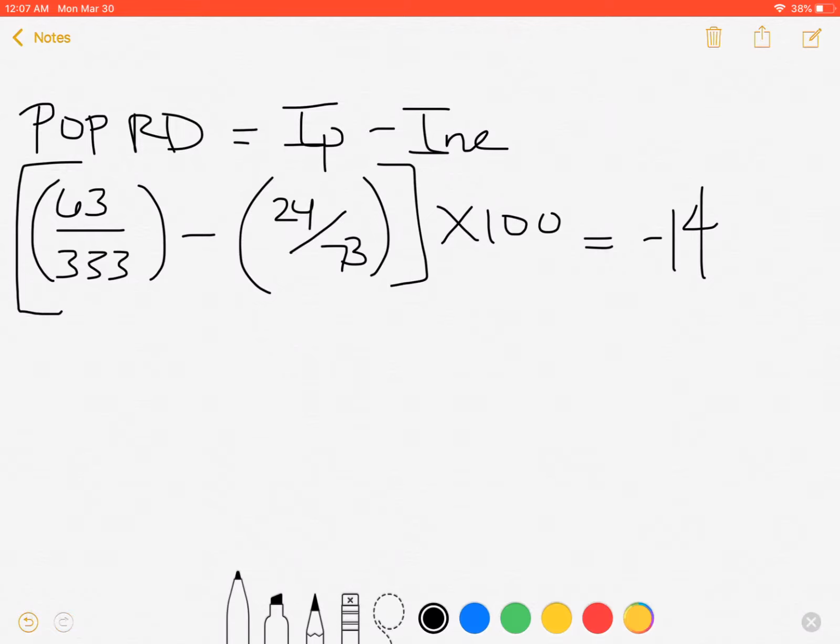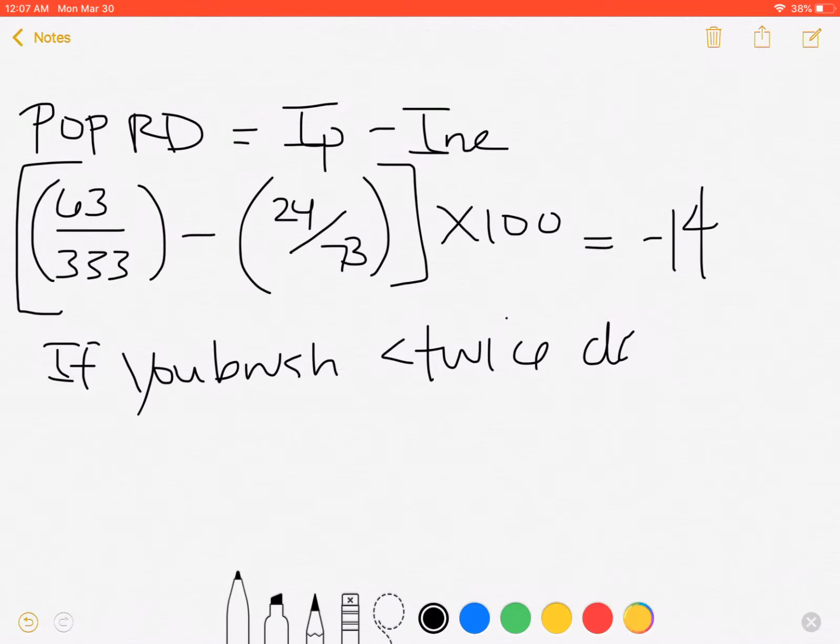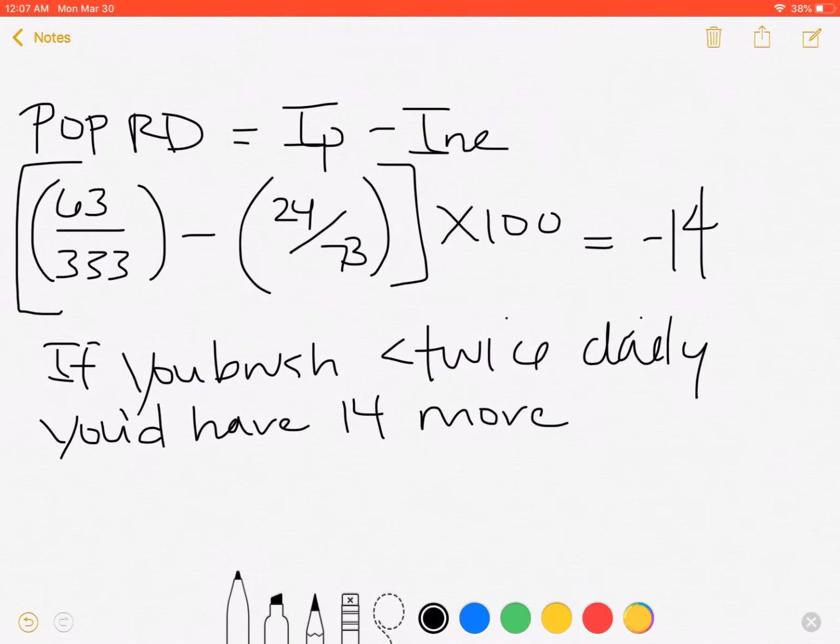What does that negative 14 mean? If you brush less than twice daily, you'd have 14 more caries per 100 pop.